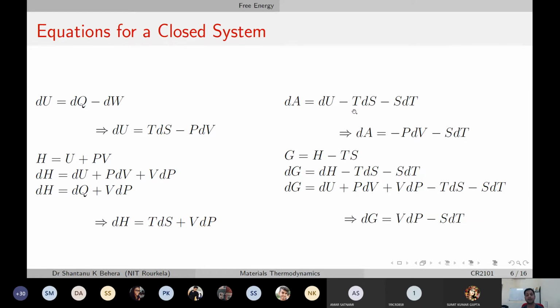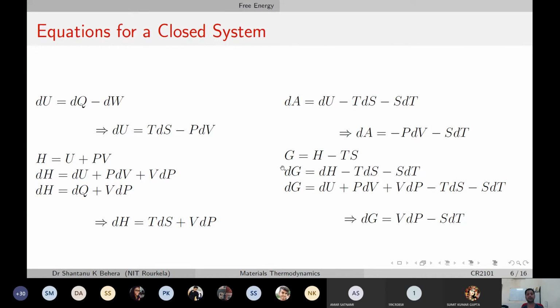I'm sorry, that has to be plus, and the plus of that would be negative. So dU minus TdS gives you minus PdV, and of course minus SdT comes here. So this is another function for explaining Helmholtz energy in terms of common variables like P, V, S, T.